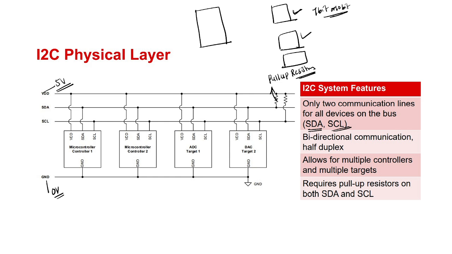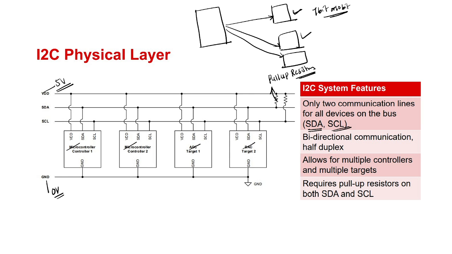By using the 7-bit or 10-bit address, the master can identify the slave and communicate with it. I told you the master can be a microcontroller, a microprocessor, or a DSP processor. So this is master, microcontroller 1, microcontroller 2, and these are the slaves: ADC, the analog to digital converter, and DAC, the digital to analog converter. These are the target devices, or slaves.